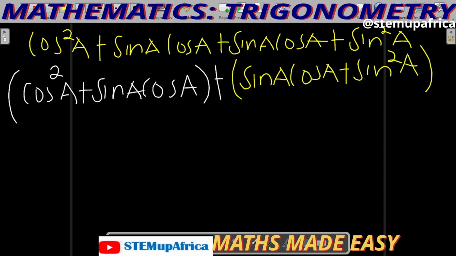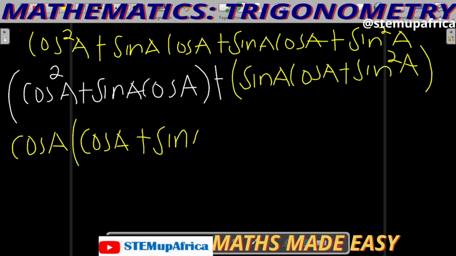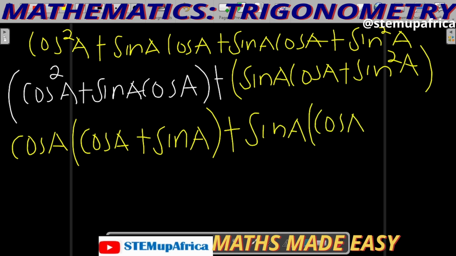So what is common from the first bracket? You can see cos a is a common factor. Let's bring it out. I'm going to have cos a as a common factor. What will be left inside? I'm having cos a plus sine a. Plus, let's factorize what is common from the second bracket, which is sine a. I'm having sine a into cos a plus sine a. Please note, anytime you factorize, the 2 brackets must be the same.